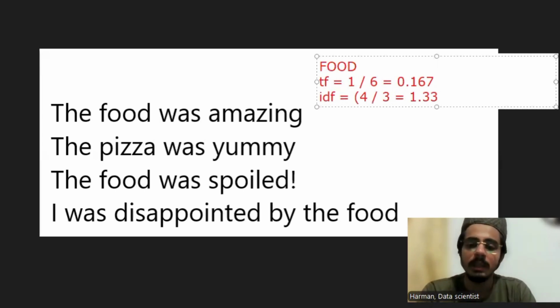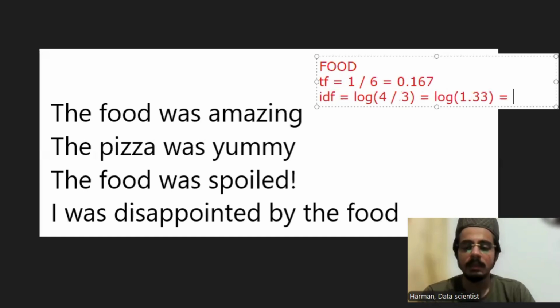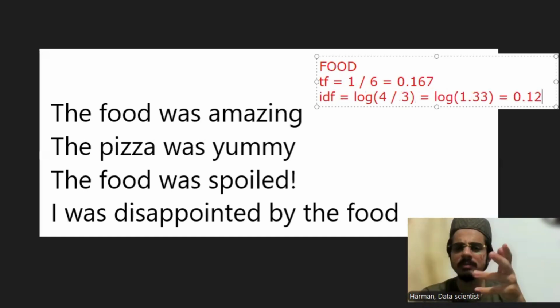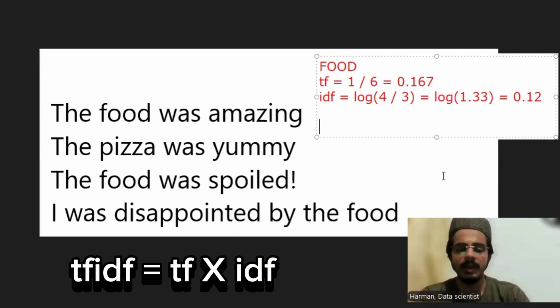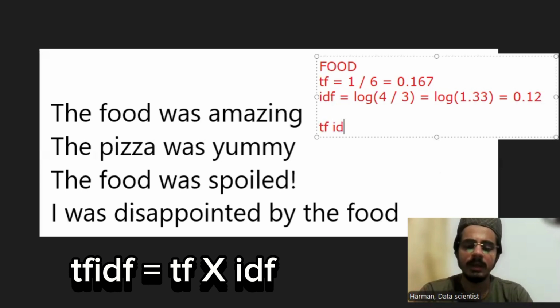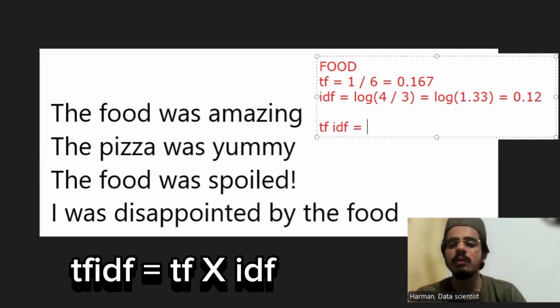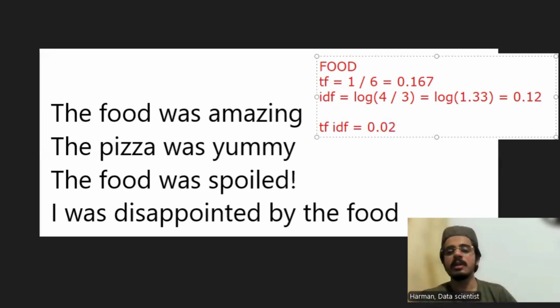We have to take the log of the inverse document frequency, which gives 0.12. We haven't multiplied yet. We haven't found the tf-idf yet. The tf-idf is equal to the multiplication of both terms, 0.02.